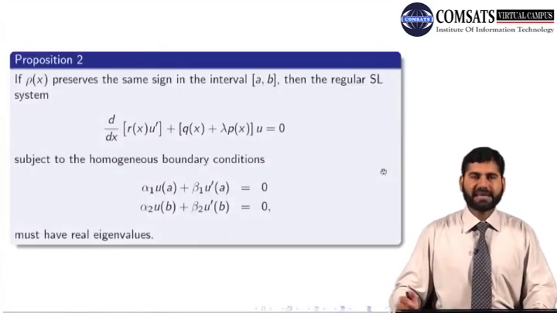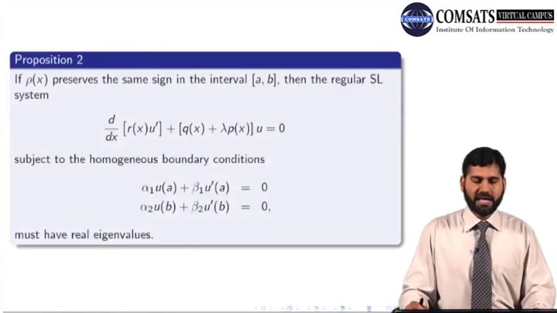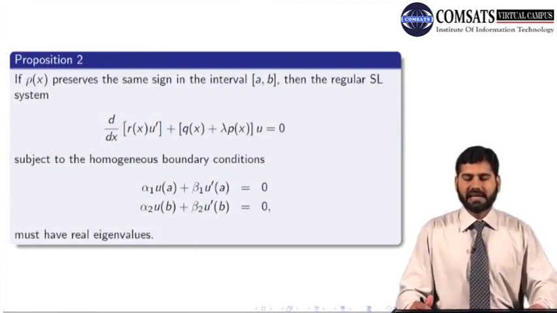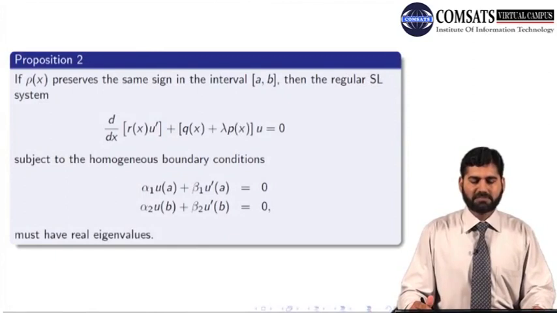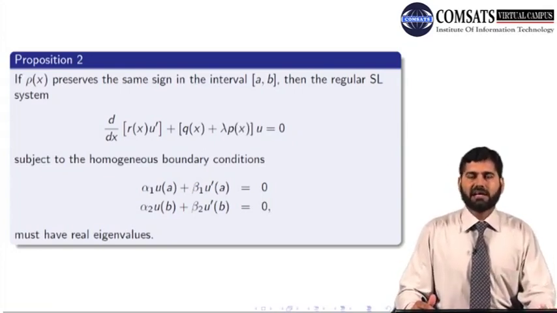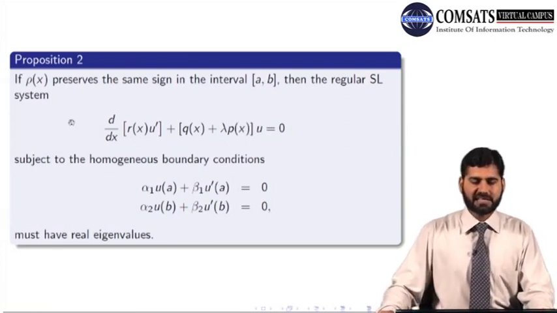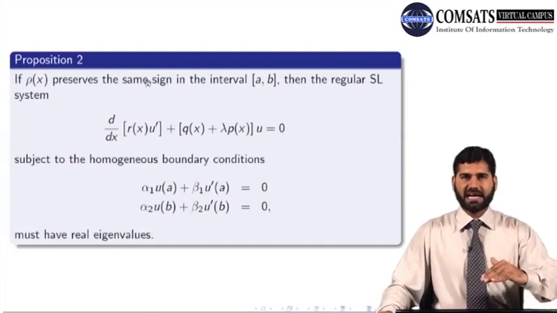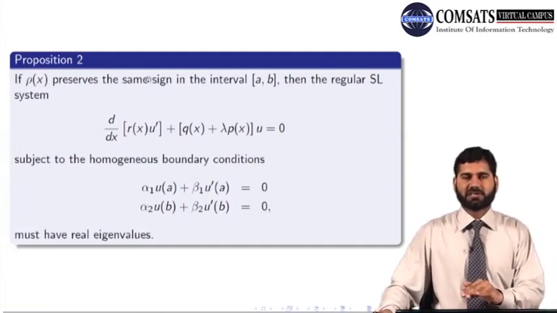All right, next is proposition 2. If rho x preserves the same sign in the interval, then the regular SL problem subject to the given boundary conditions must have real eigenvalues. See, we have no guarantee that a regular SL problem will have real eigenvalues, but the condition is that if rho x preserves the same sign, preserves means if it is negative, it remains negative throughout the interval.